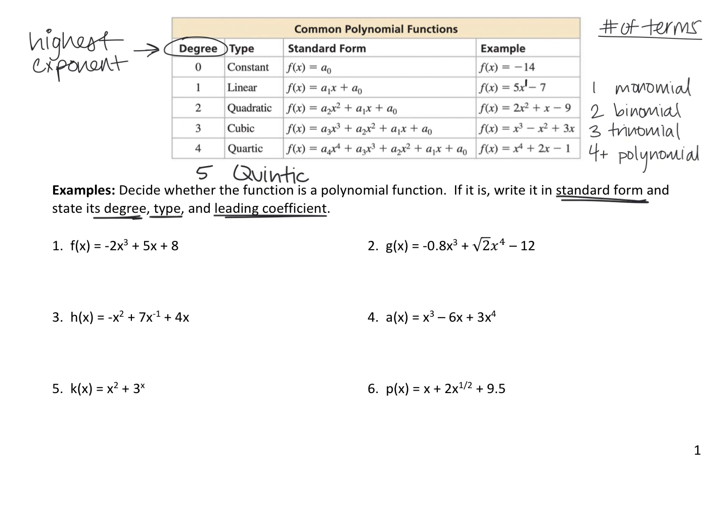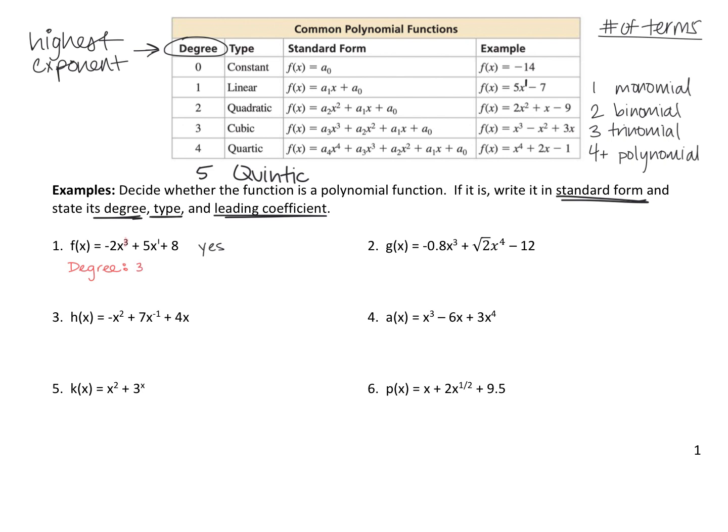It is already in standard form because it's 3, and then exponent of 1, and then 0, because that's a constant at the end. So yes, this is a polynomial, and so we're going to list out my degree. My degree is my highest exponent, so my degree here is 3.